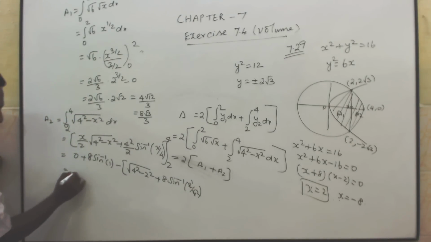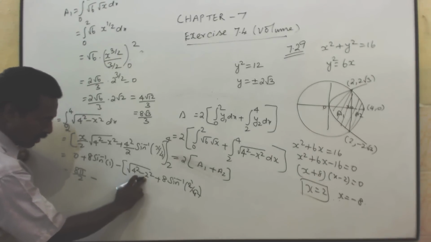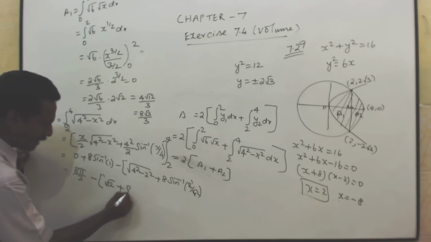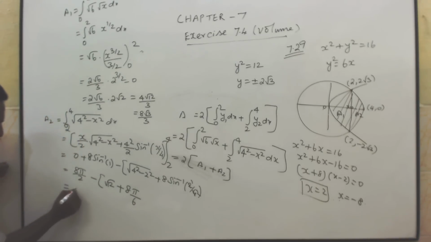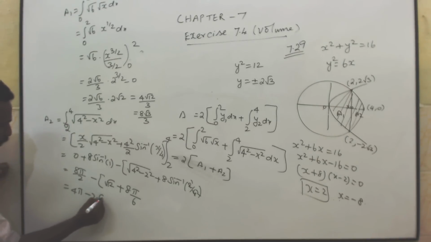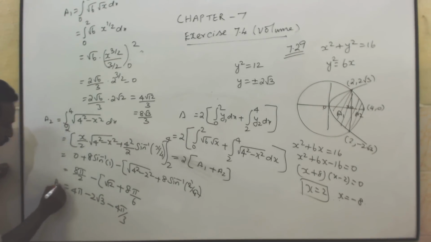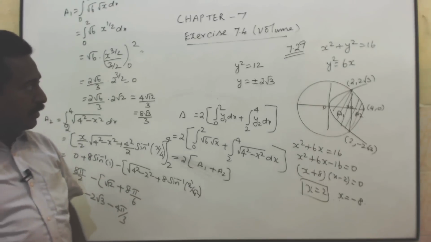Sine inverse of 1 is pi by 2, that is 8 pi by 2 minus, 16 minus 4 is 12, root 12, plus 8, sine inverse of 1 by 2 means pi by 6. So 4 pi minus 2 root 3 minus 4 pi by 3. This is A2.